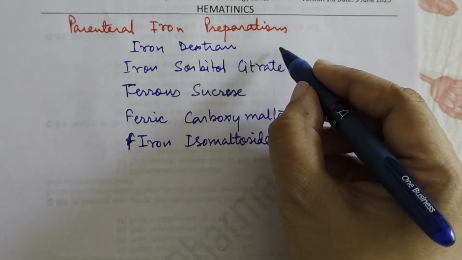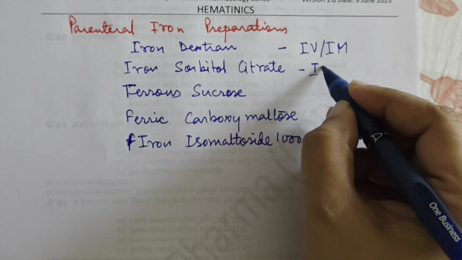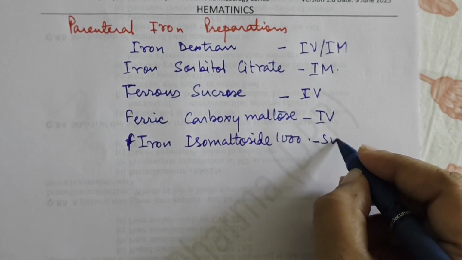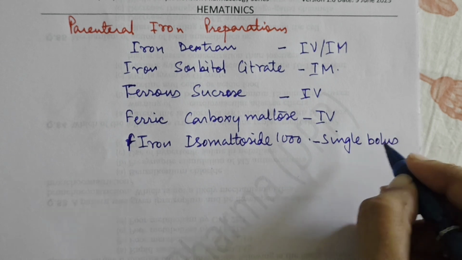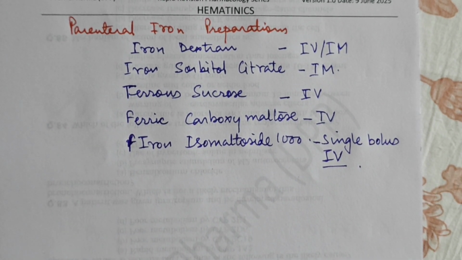Right, now this drug is given by IV or IM route, but these drugs are given by IM route. Ferrous sucrose is given by IV route, carboxymaltose by IV, and this is given by a single bolus IV, and they are found to be effective.